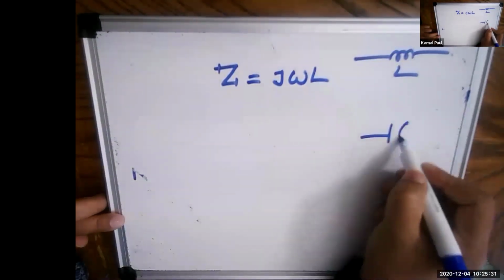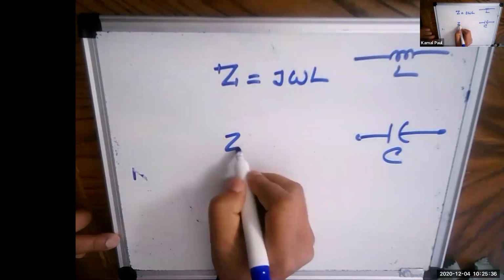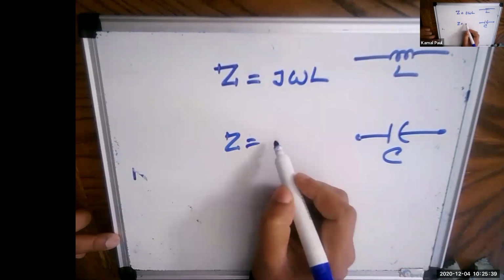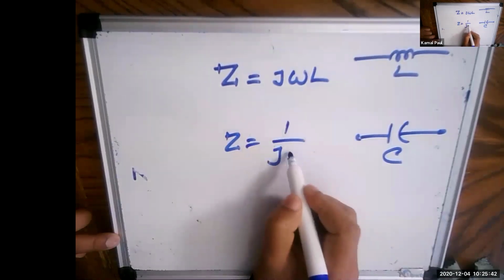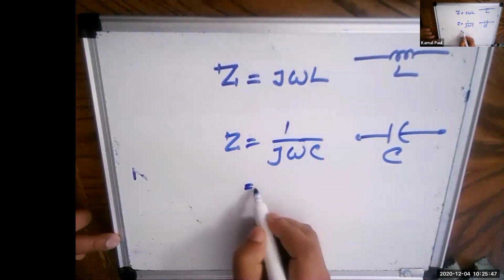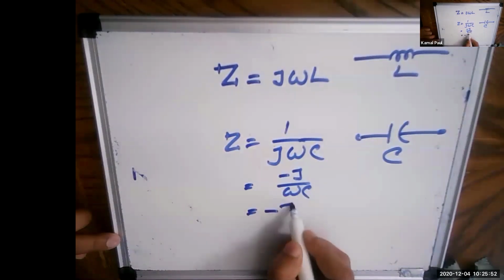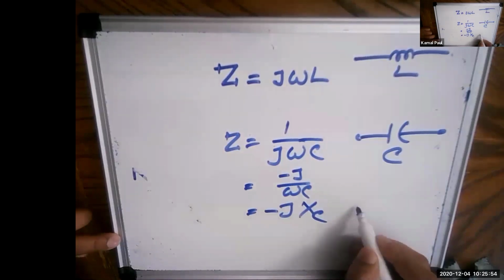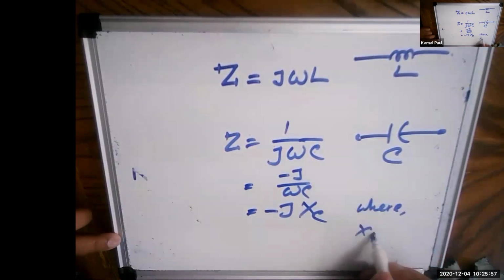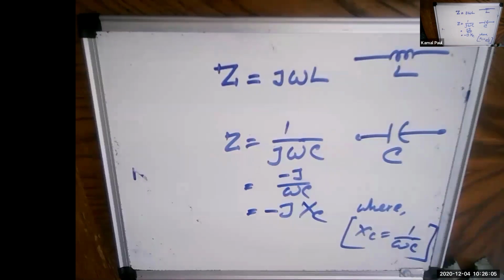But if it is a capacitive branch, you have the capacitance given, then Z will be 1 by J omega C. Sometimes we refer to this as minus J over omega C or minus JXC, where XC equals 1 by omega C. Sometimes I will tell you this is XC.